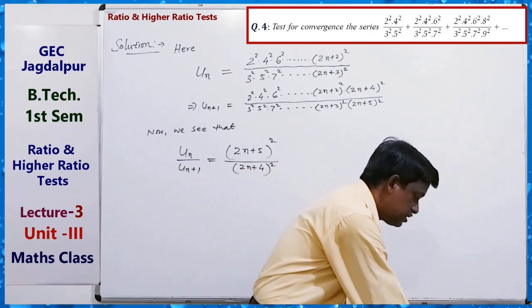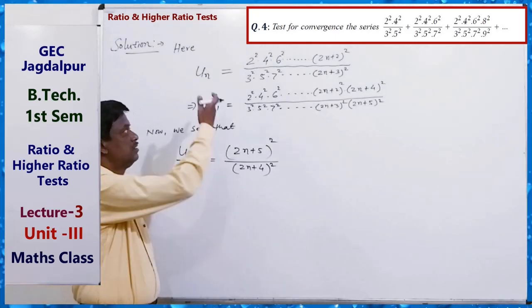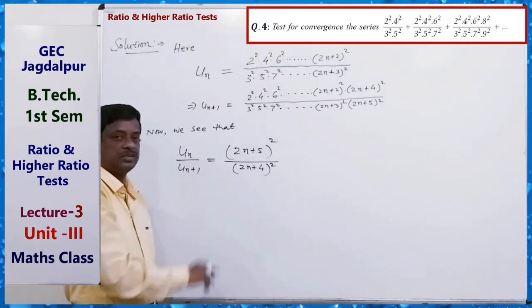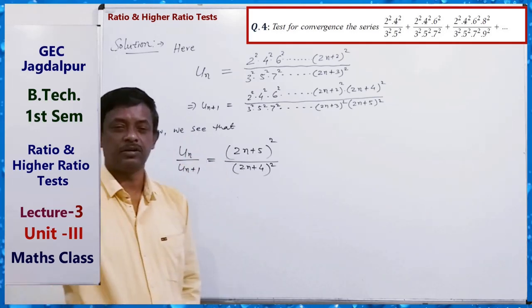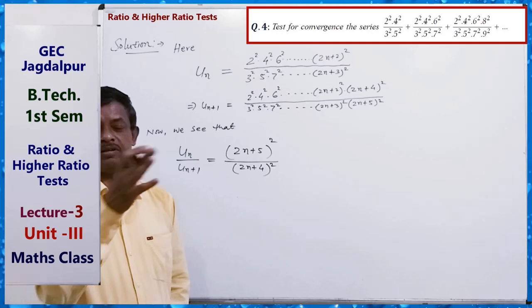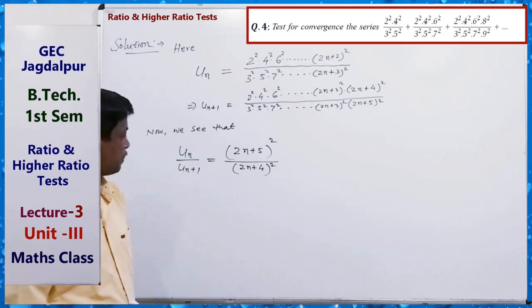Now see here: the ratio test, Raabe's test, Gauss test. If Raabe's test fails, then we will use Gauss test.